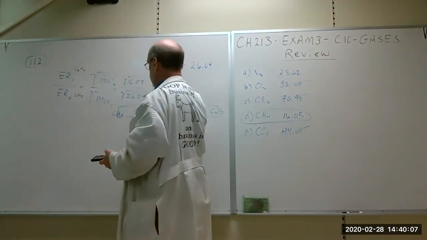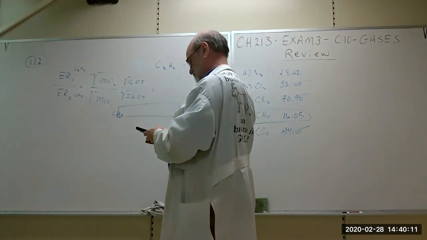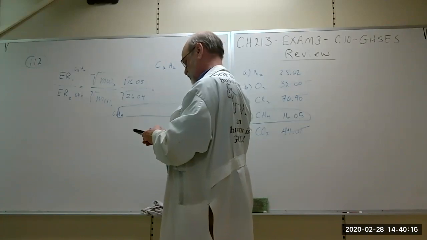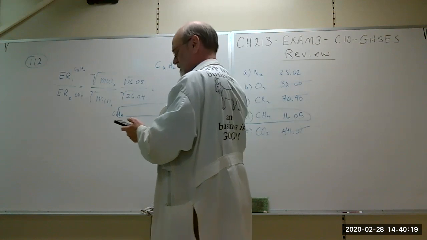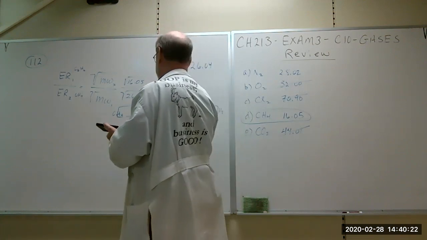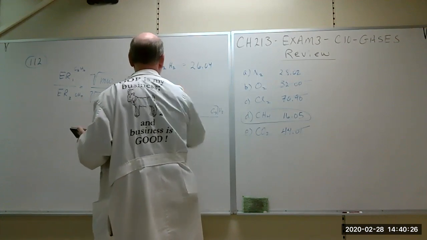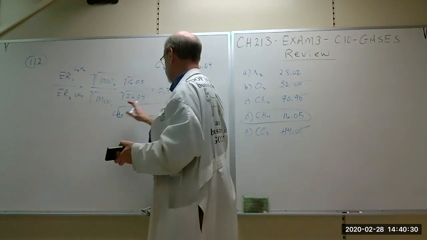Actually, we can divide this by this and then take the square root. Just 0.79. So that's the ratio of this distance traveled to that distance traveled.